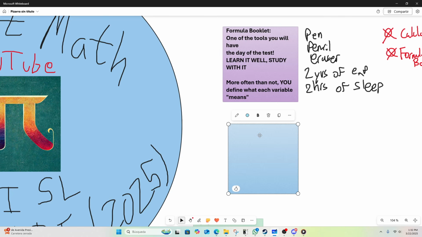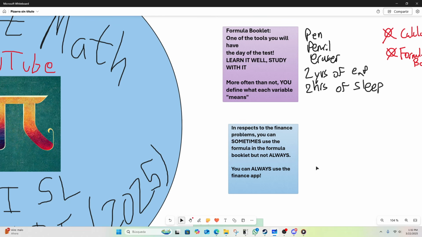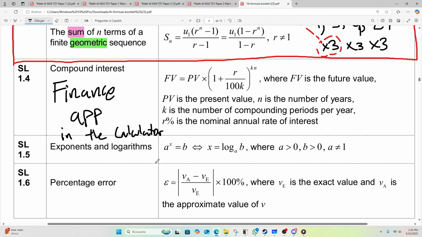So, in respect to the finance problems, you can sometimes use the formula in the formula booklet, but not always. You can always use the finance app. So I think this is a specific scenario where you should learn the finance app in the calculator, okay?